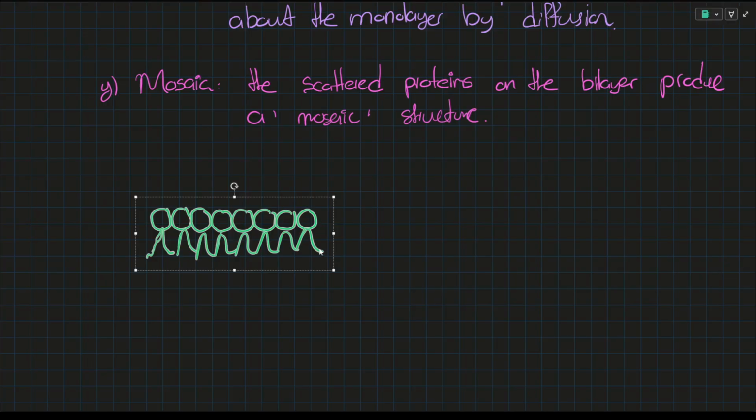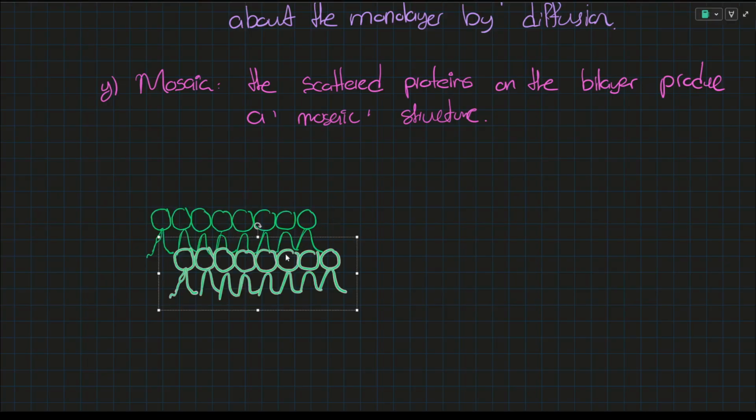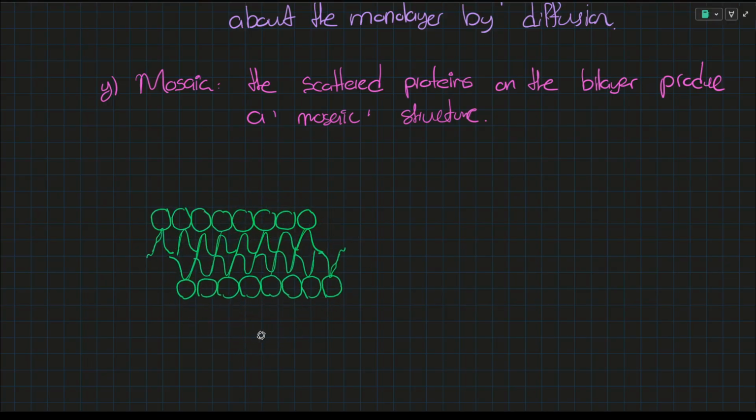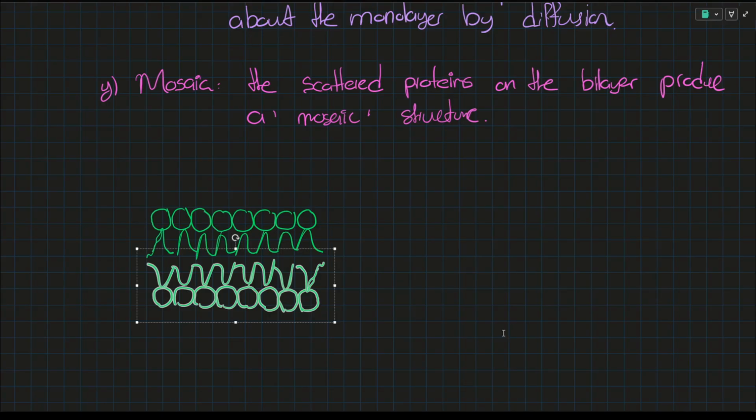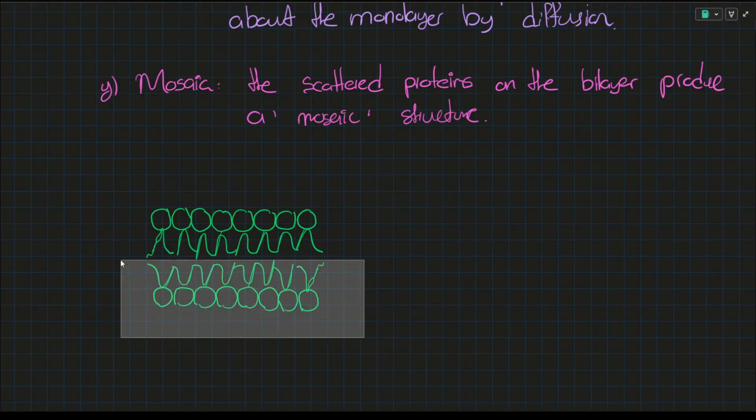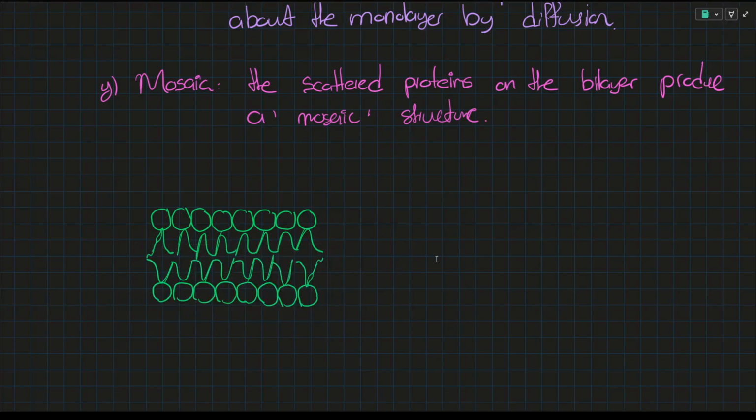It's not a monolayer. The cell membrane is a bilayer. That's the idea. There's one layer here, there's the second layer here. It's a bilayer on both ends like this.